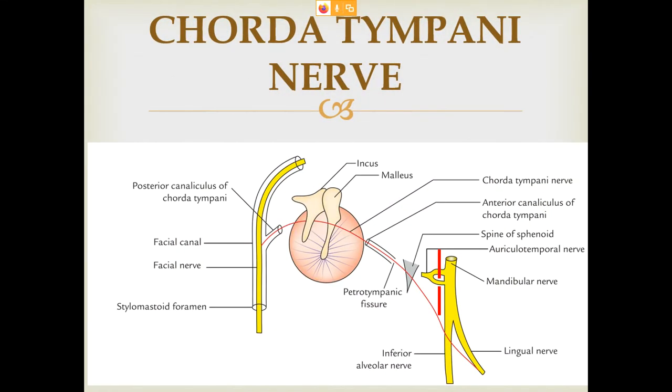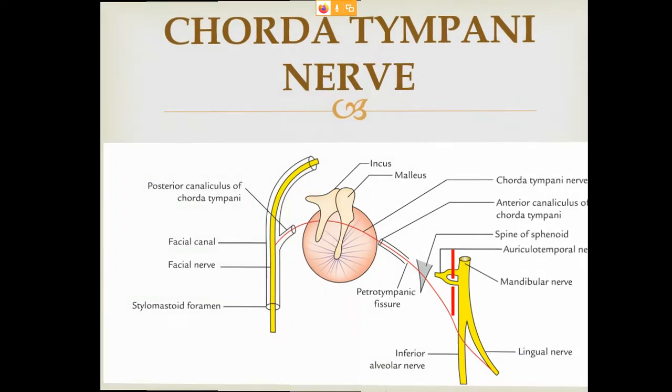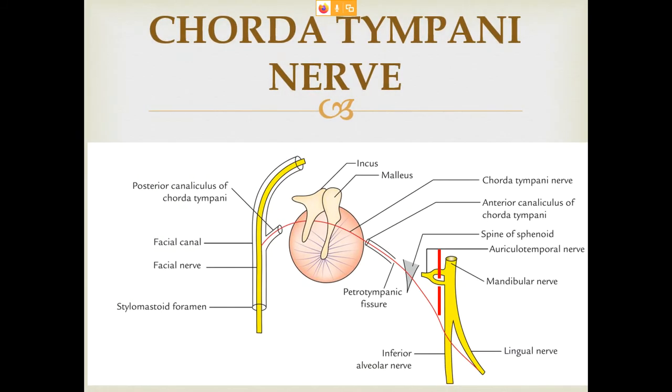Then coming to the chorda tympani nerve. The chorda tympani is a branch of the facial nerve. Here you can identify the chorda tympani. It is a branch of the facial nerve, the seventh cranial nerve.